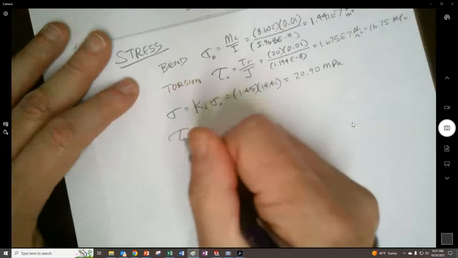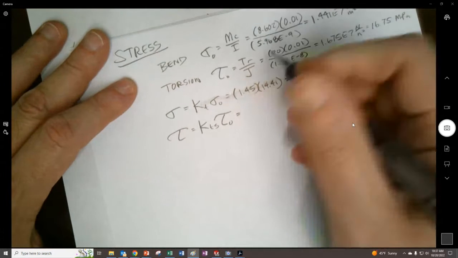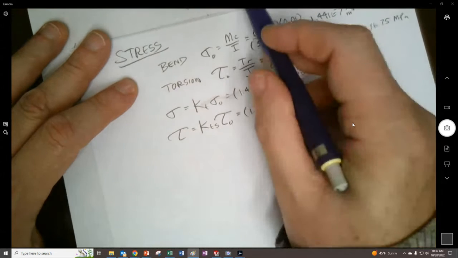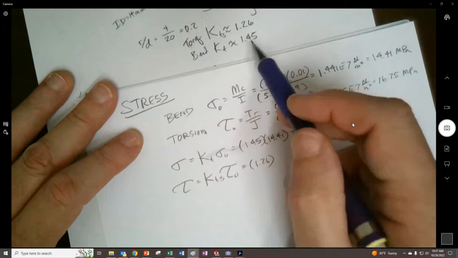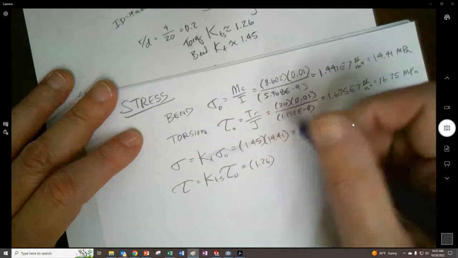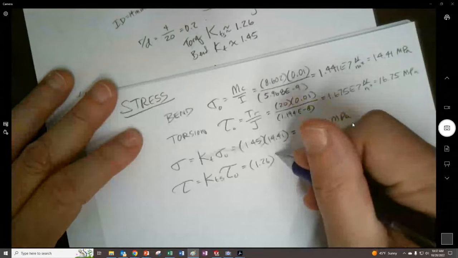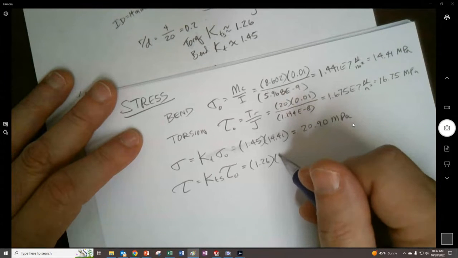And then for torsion, it was 1.26. And I find that's pretty common for the torsion stress concentration factor to be less than the bending. But if they have a bending and an axial, you'll end up finding those are actually pretty close to each other, which kind of makes sense to some extent.